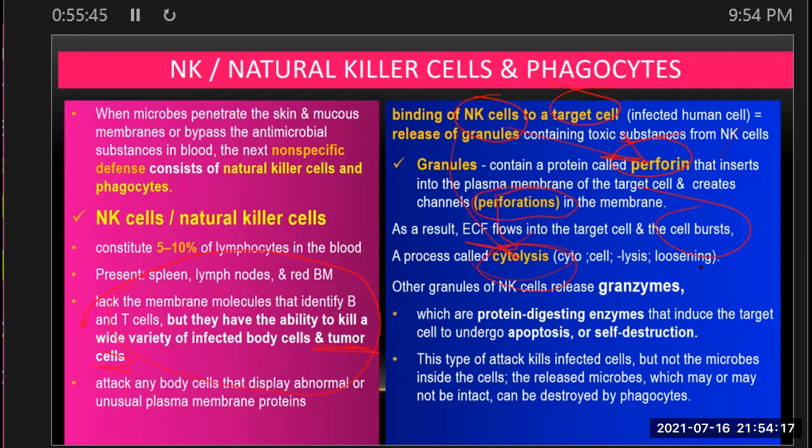So perforins, granzymes, correlate them to NK cells. Granzymes are protein digesting enzymes that induce the target cell to undergo apoptosis or programmed cell death. However, you might think cell death is always pathologic. It's not. This one is the physiologic type of cell death.